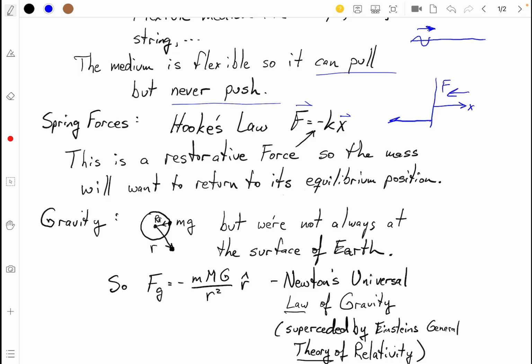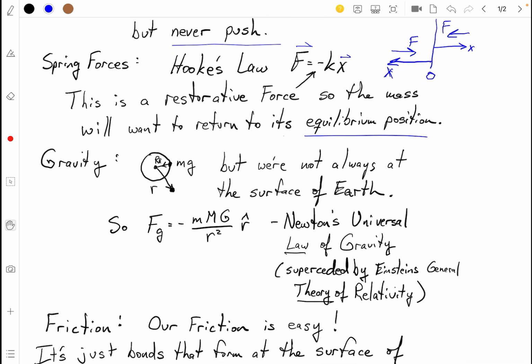If we're over here with x, then our force is going in that direction. So it always wants to put us back to equilibrium. The equilibrium position is right here. So that's what Hooke's law does. And again, that's a restoring force, and therefore can give rise to waves and other things that can transmit energy or information or whatever.